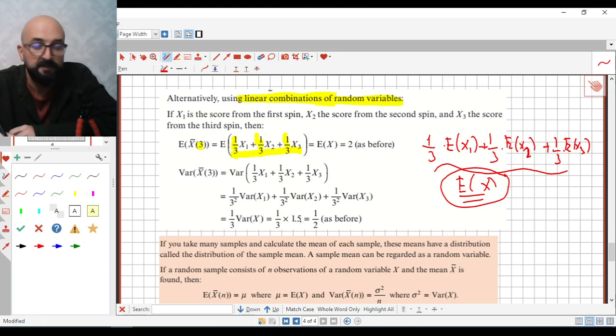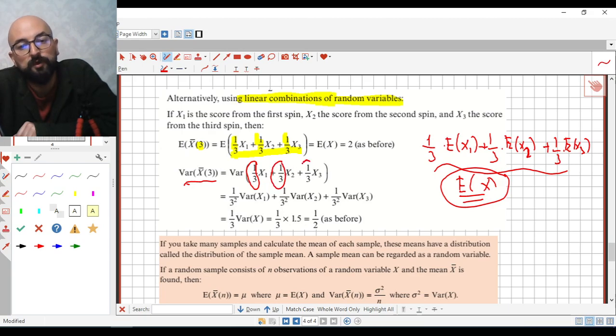But we couldn't say that for variance. We can write the variance of the sample mean of size 3. We can write 1 over 3 x1, 1 over 3 x2, 1 over 3 x3, and also their variance is the same, x1, x2, x3.